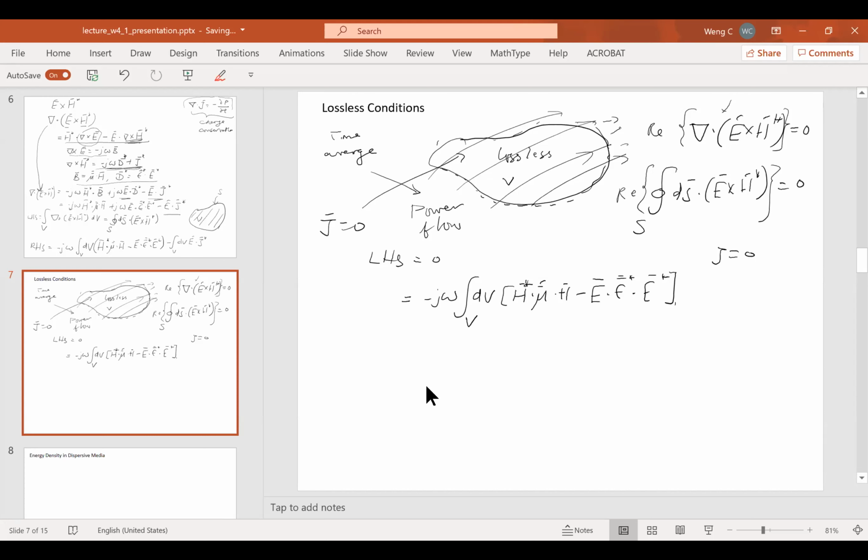So I will have the left-hand side equal to zero if I take the real part of the whole equation. So the left-hand side is equal to zero.